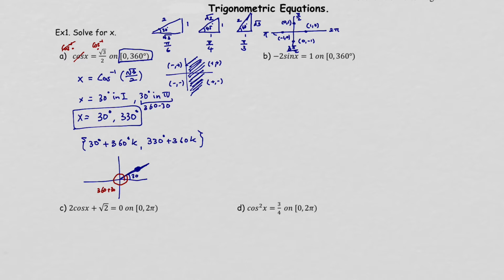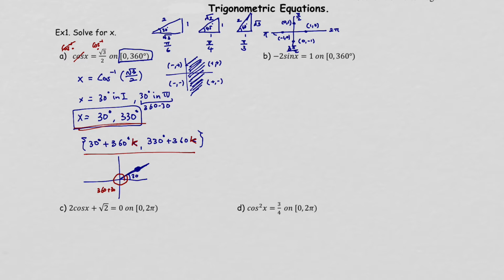You can also do, instead of one circle, 2 circles and 30 degrees more, 3 circles and 30 degrees more. That's how you get k rotations. So it depends on how your solution is asked. If it's in between one circle, this is going to be fine. If they don't give you the limits, this is how you're going to write your solutions.